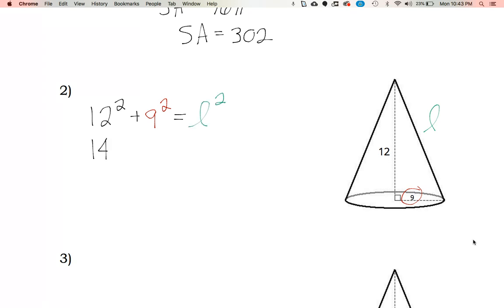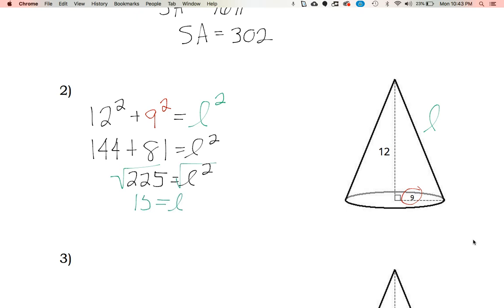So that's 144 plus 81 equals L squared. Square root both sides. L equals 15.